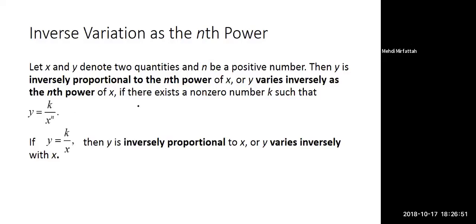When I say two variables are inversely proportional to each other, the variables that we're referring to are what? Are y and the nth power of x. The nth power of x is this, right? That is the nth power of x.